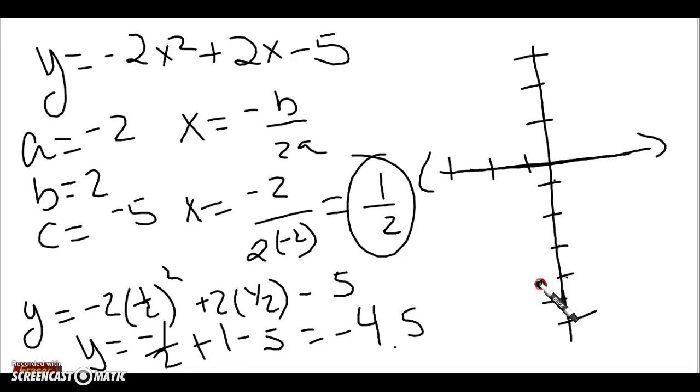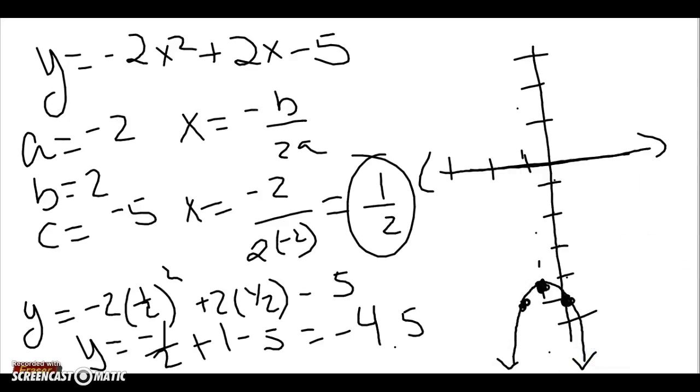So this is my vertex. My y-intercept is at negative 5, and so that's right here. And so if this is the axis of symmetry, that means that this is about right here. And I know that it's going down because it's a negative 2 or a negative a.